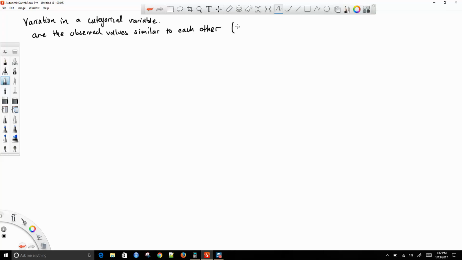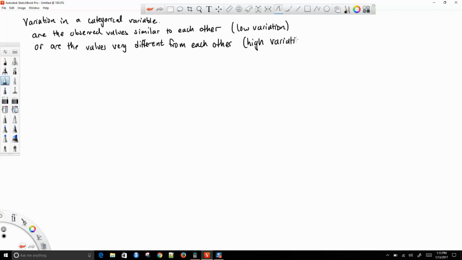Similar would indicate low variation, or are the values very different from each other?